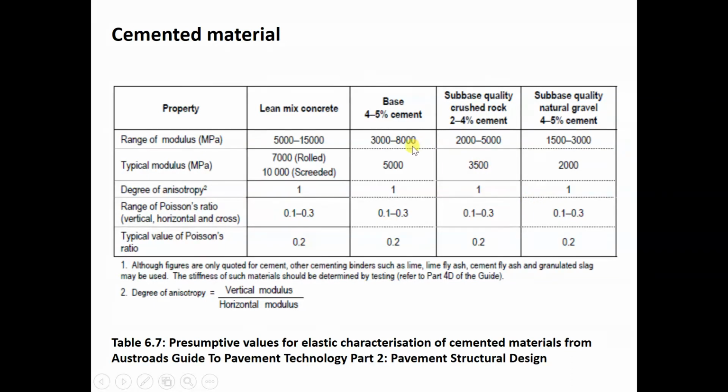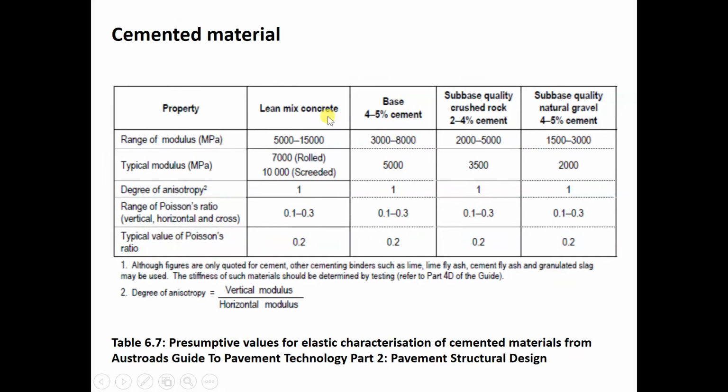Whichever you want to use, the range of modulus is 5,000 to 15,000, 3,000 to 8,000, 2,000 to 5,000, 1,500 to 3,000. Different types, because your cemented material could be at the best, or it could be at the sub best.